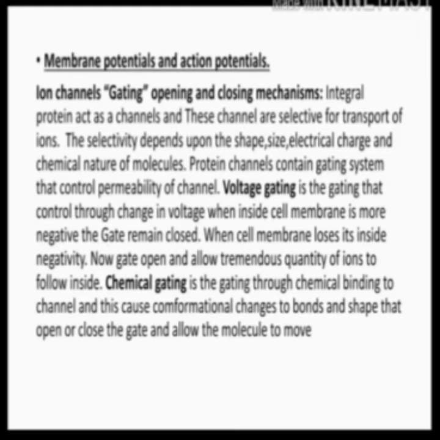In chemical gating, a chemical binds, like a neurotransmitter such as acetylcholine or dopamine, to a certain protein present in the cell membrane or channel that causes conformational changes in bonds and shape, causing the opening and closing of the gate and allowing molecules to move.